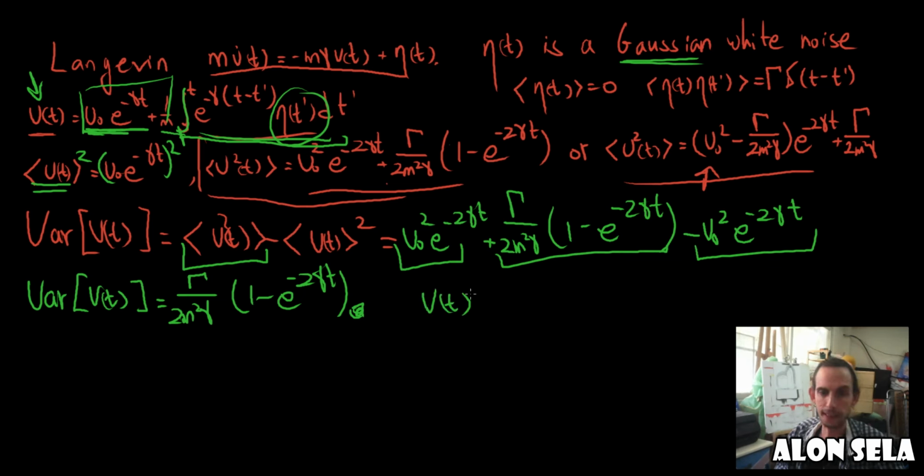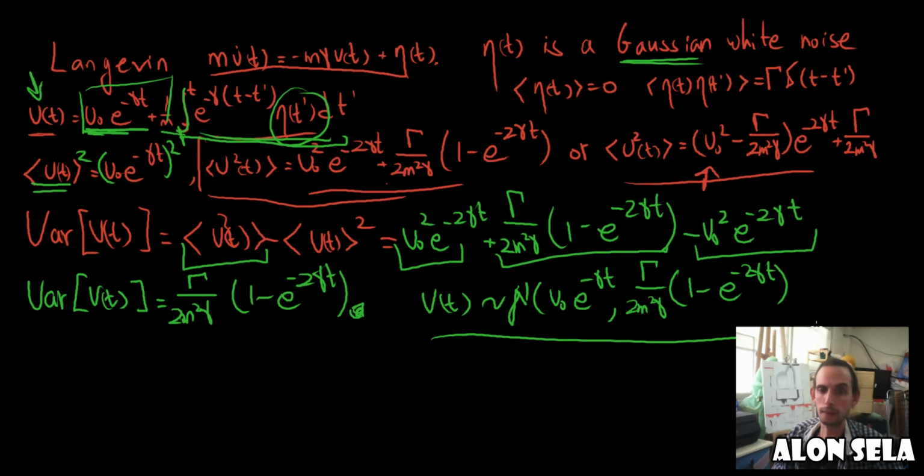and therefore we can write that the velocity at time t has a normal distribution with the expectation v naught e to the minus gamma t, and variance of gamma over 2m squared gamma times 1 minus e to the minus 2 gamma t.